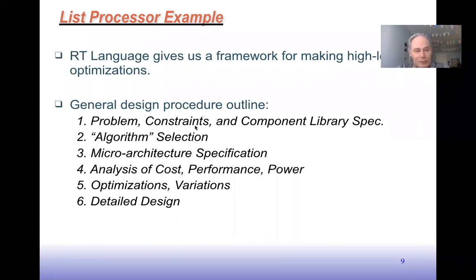What should the clock frequency be, or what should the number of operations per unit time be? And then usually some component library specification, a set of blocks that we can use for implementing that design.